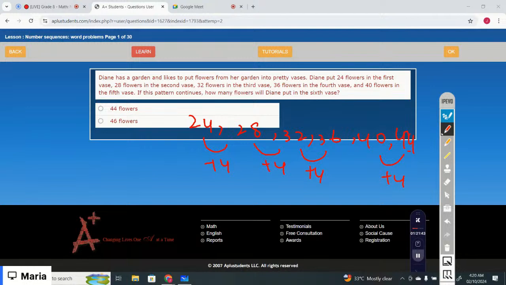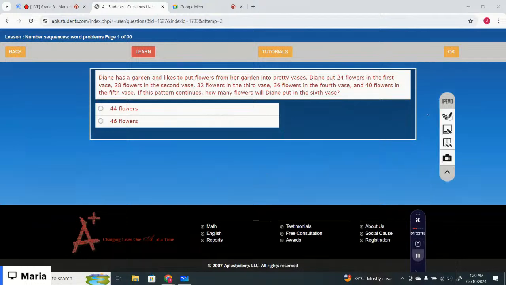Got it? So the correct option is 44 flowers. Option number 1 is the correct option.